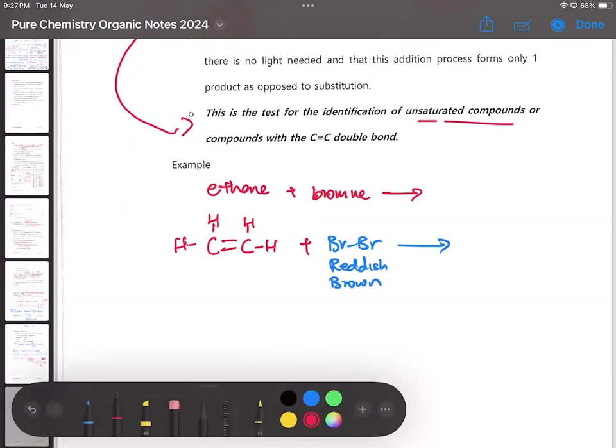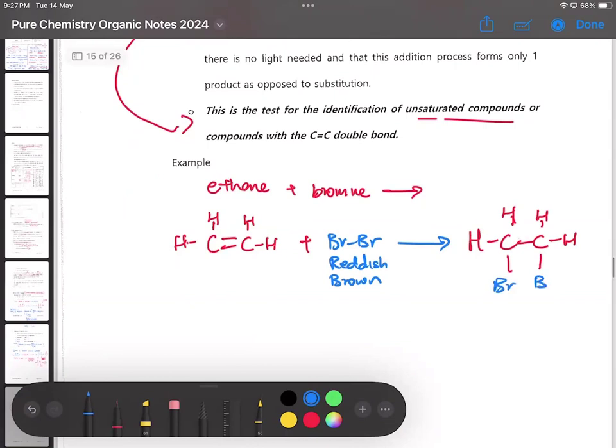After the reaction, because of the C=C double bond, we are going to break the C=C double bond as usual. When it's broken, you get two more bonds, and it will take the two bromine atoms. That's all. It's just the breaking of the C=C double bond.